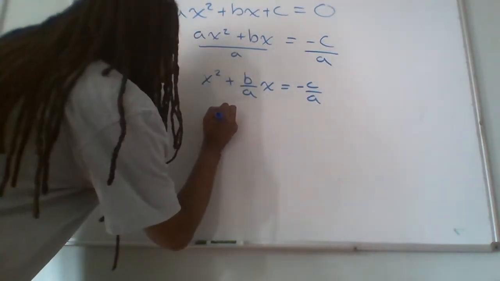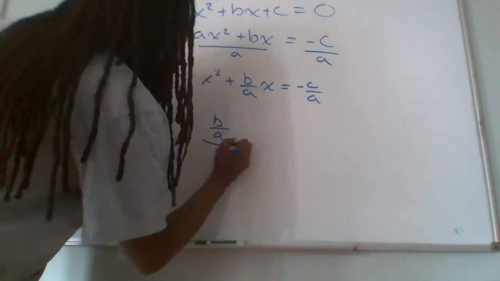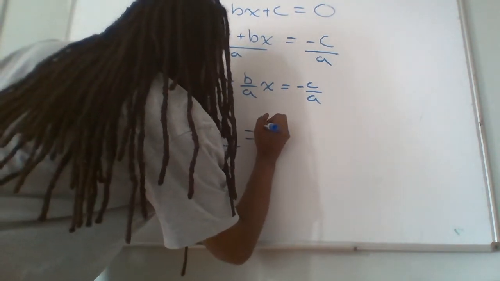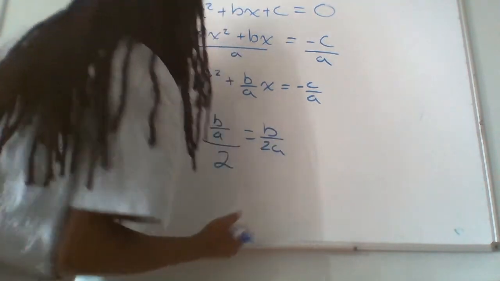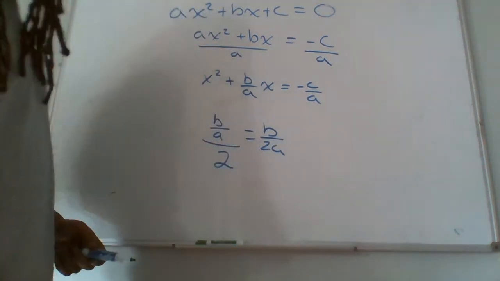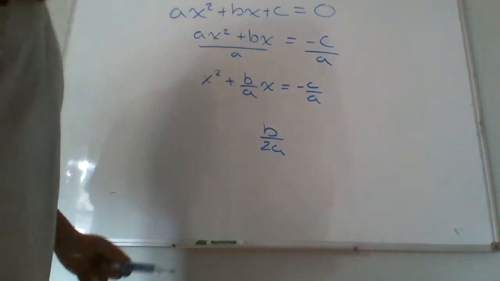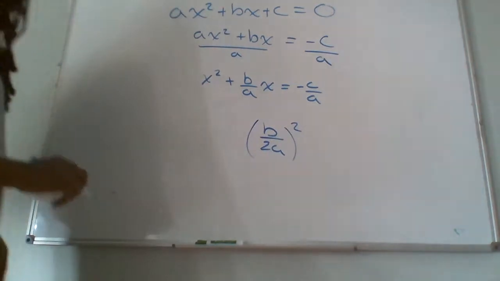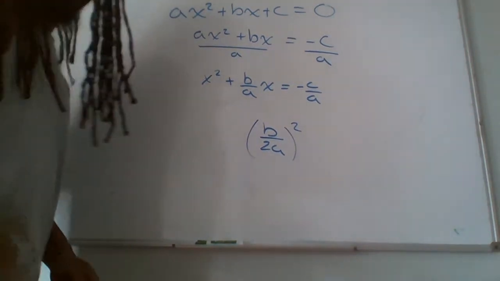So b over a divided by 2 is equal to b over 2a. Right? Now we want to add b over 2a squared to both sides, to complete the square.